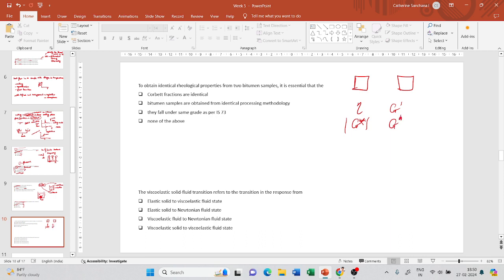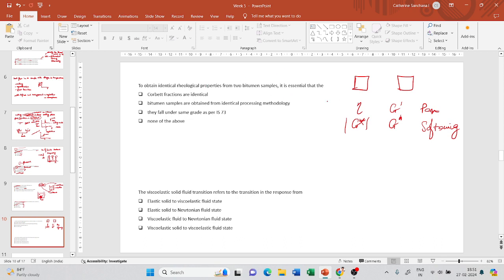It could even be penetration. Though they are just empirical measures, with no mechanics background to them, penetration or softening point, at this point we can also consider them as rheological properties.